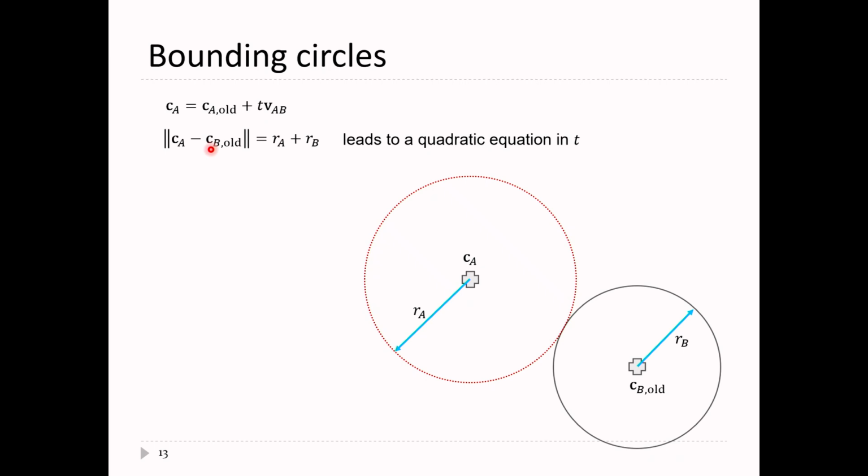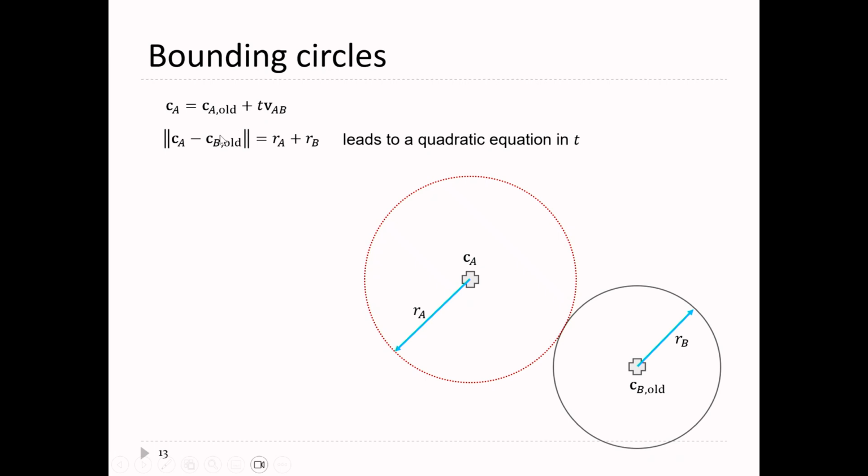And so this is a magnitude. If someone ever asks you for the magnitude of a vector, one way to compute it is to compute the dot product of the vector with itself. So for some vector A, the magnitude of A squared is just equal to A dot A. So you can use that trick here.